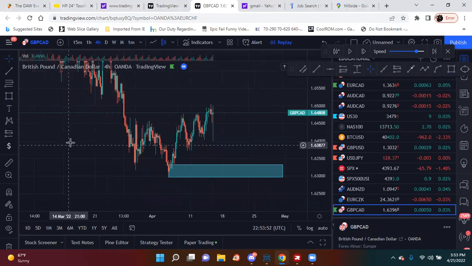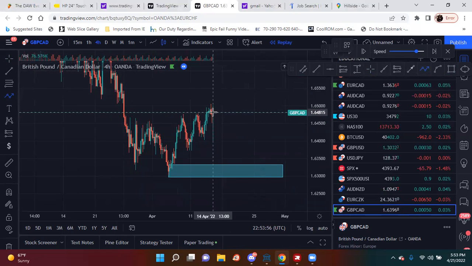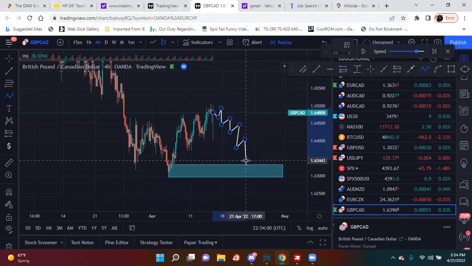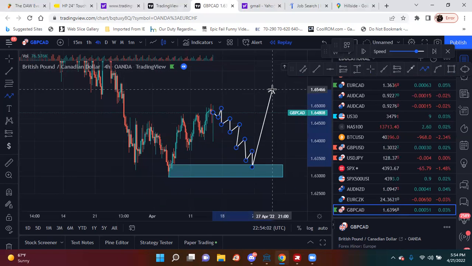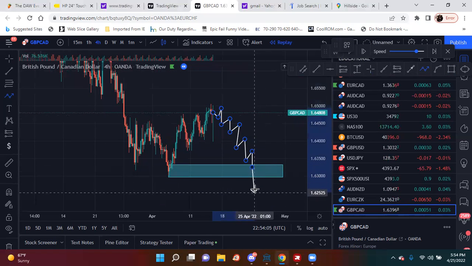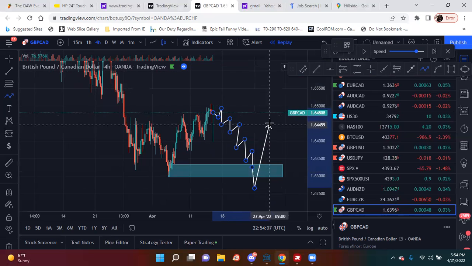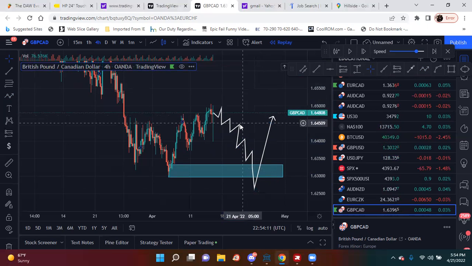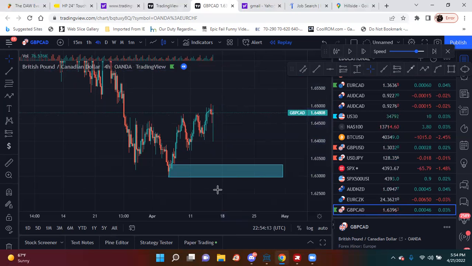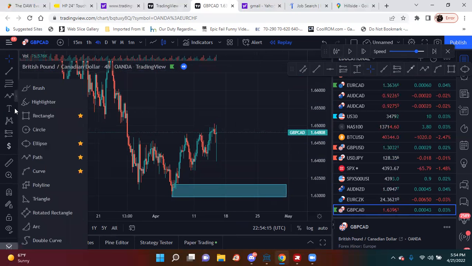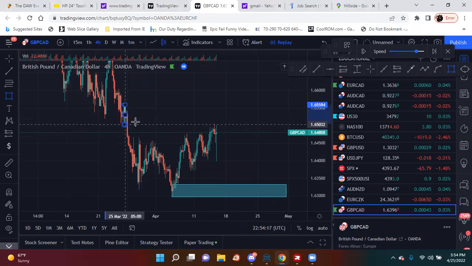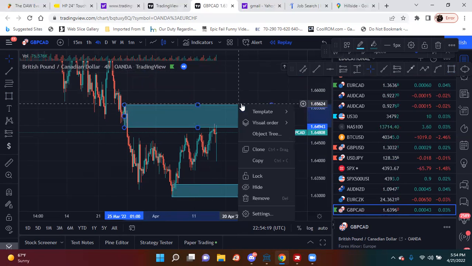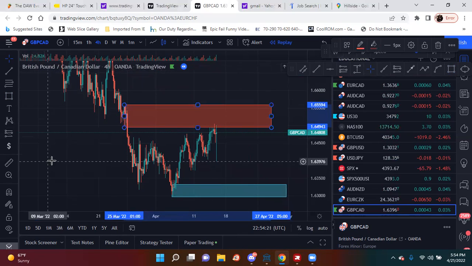Now, I know from trading smart money concept that eventually we're gonna get a trickle down here, and it ain't gonna tap it and go up. No, this is gonna tap all the way down, then go up. This is what I was looking for, this move. This is the move I was looking for this week. So what happened was this. Okay, first of all, this was a zone. I identified that this was a zone.